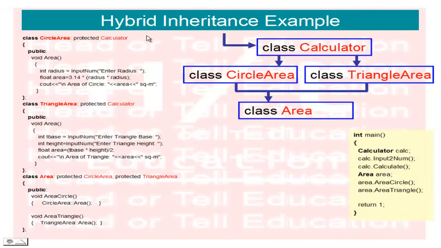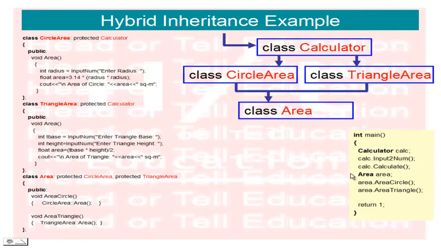So the full structure is completed here. Now we call using the main function. Inside main, I have created one object of class calculator. Then I ask the user to input two numbers and then calculate. Now the calculator class is separate.